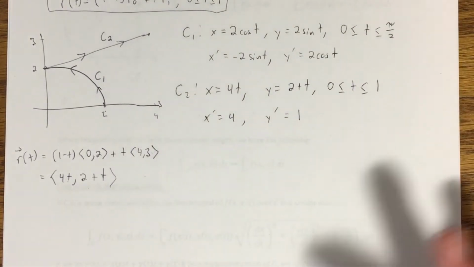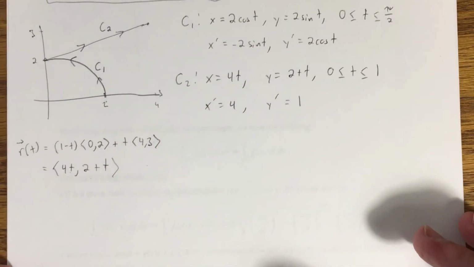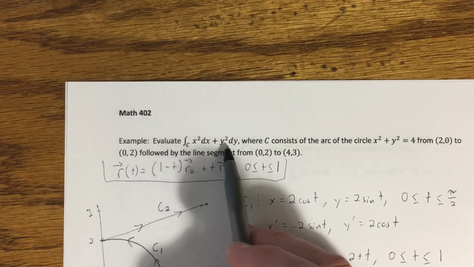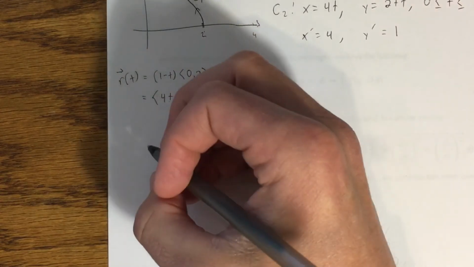Okay? That's the setup. Lots of setup. But now we can jump to the integration part of this. So the integral, again, the one that I'm evaluating, is over the piecewise smooth curve. It's x squared dx plus y squared dy, but I'm going to handle that in the two pieces and then sum the results. So let me start with C1.